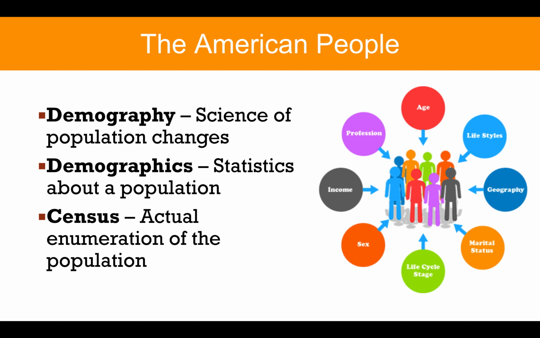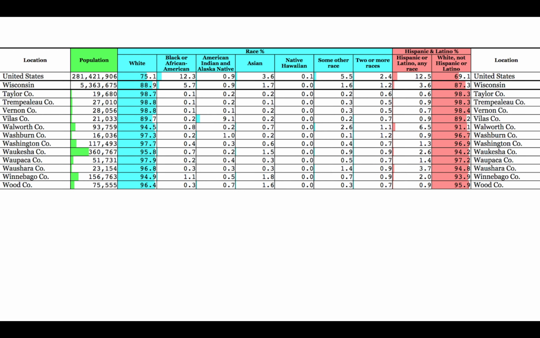It's trying to get statistical data about the population. And this changes and people move around all over the place. So following this demographic data can show you things about America, and it can also help you out if you're a pollster trying to get a good sample of people.